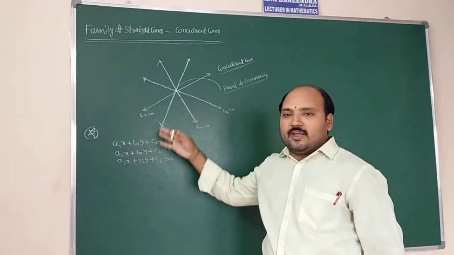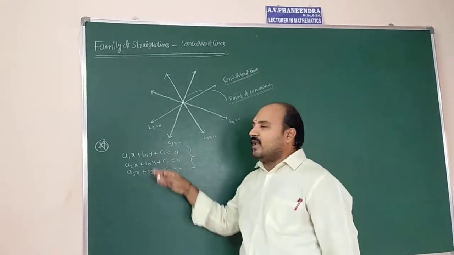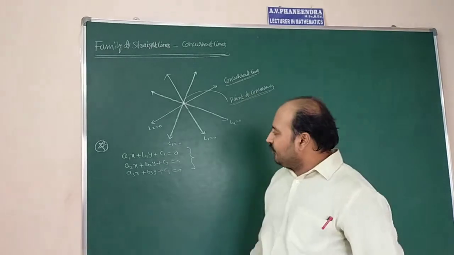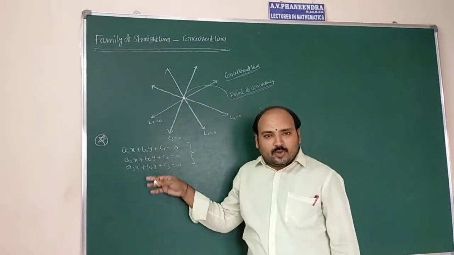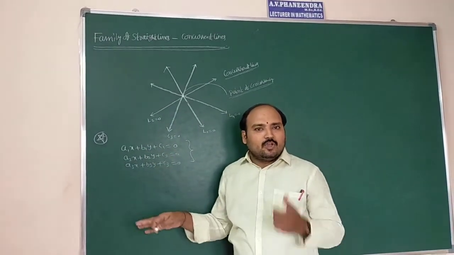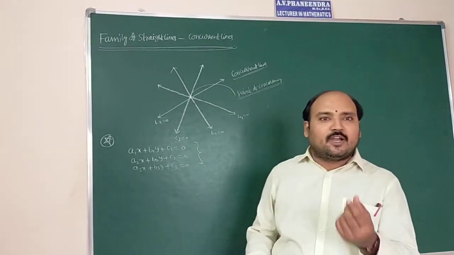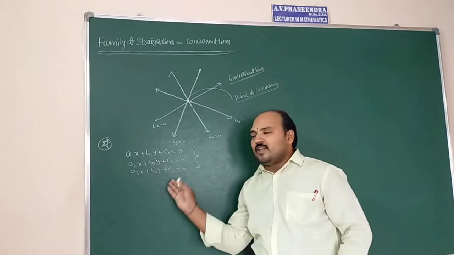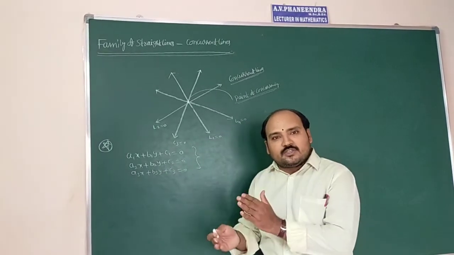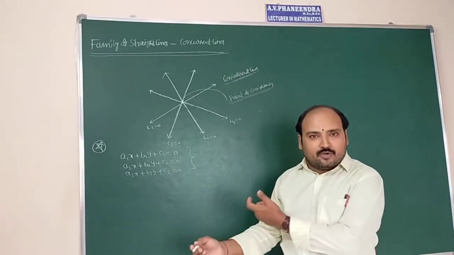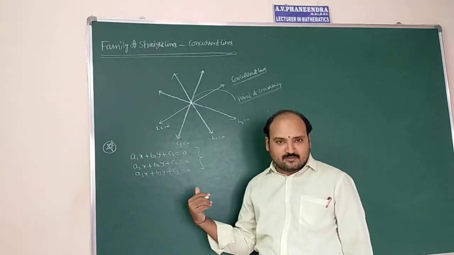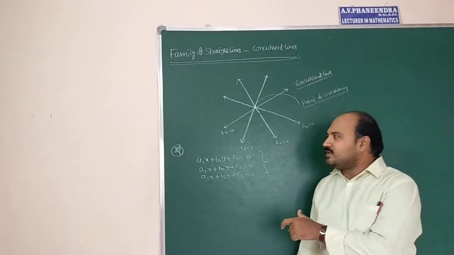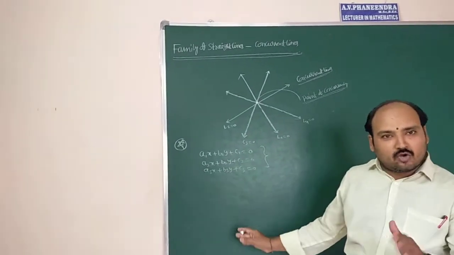How to prove these three lines are concurrent? First method, the general method I am explaining. Solve any two equations among these three. You will get one point of intersection, that is x comma y. Substitute that x comma y in the rest of the equation. If that equation satisfies with the values of point of intersection of any two lines, then the lines are said to be concurrent. That is the procedure to prove the given lines are concurrent.